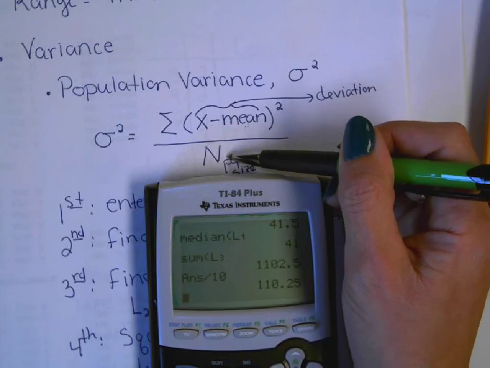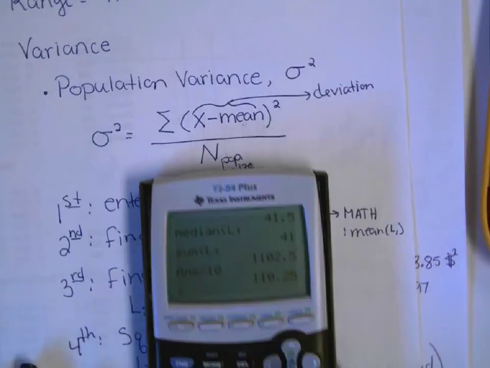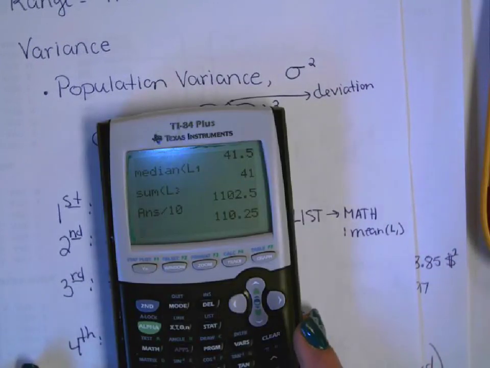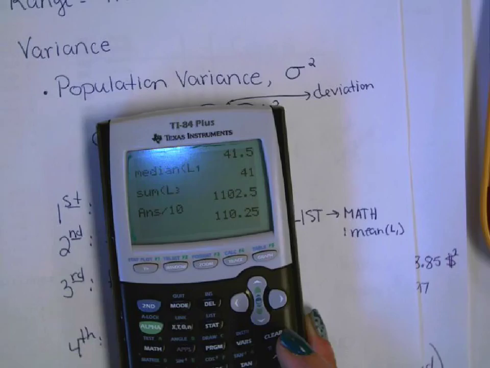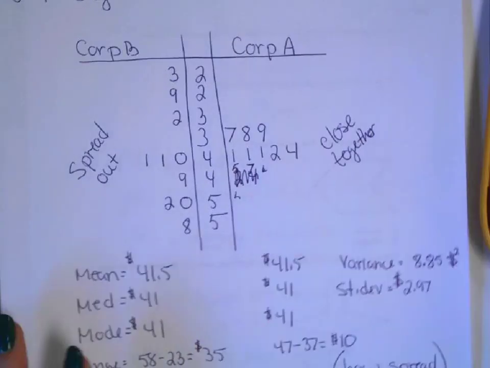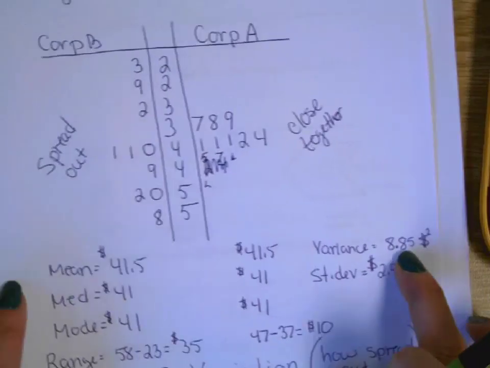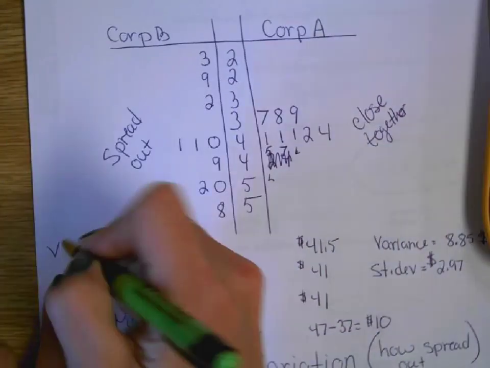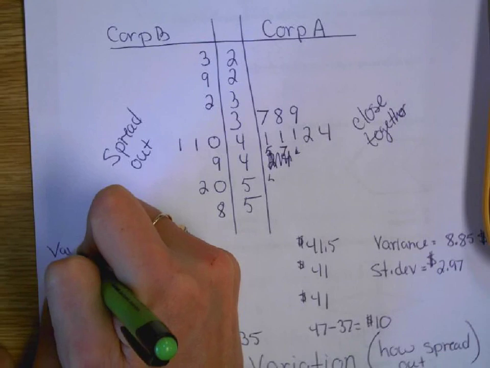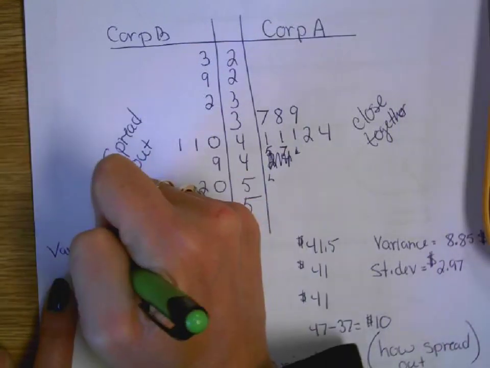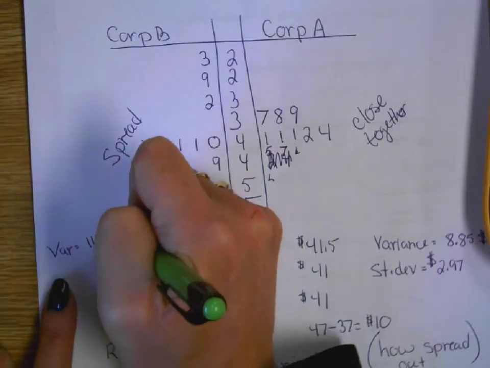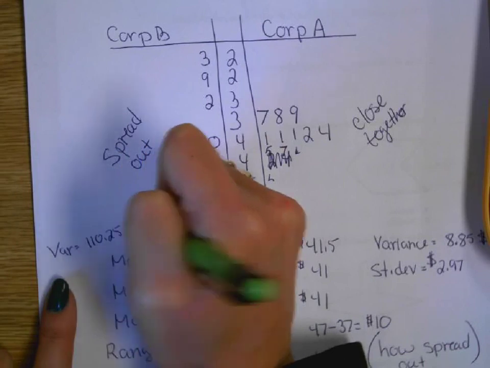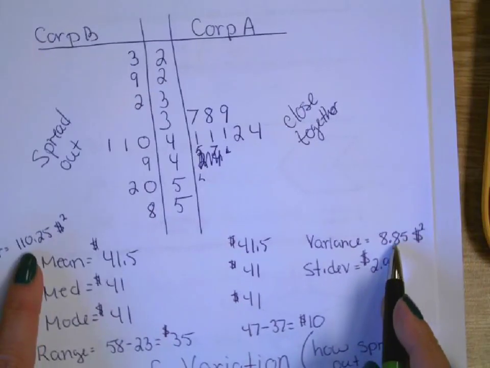My variance for Corporation B is $110.25 thousand squared. So, when you compare variance here to variance over here, I'll use V. Well, I could use the sigma squared, but 110.25 thousands of dollars squared. Again, look at how much bigger 110 is.